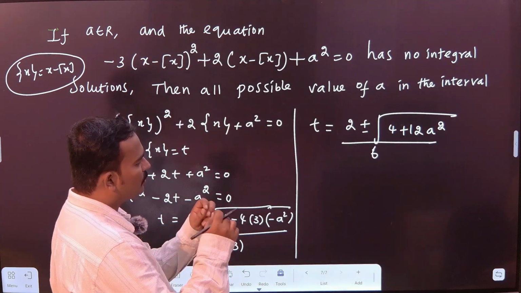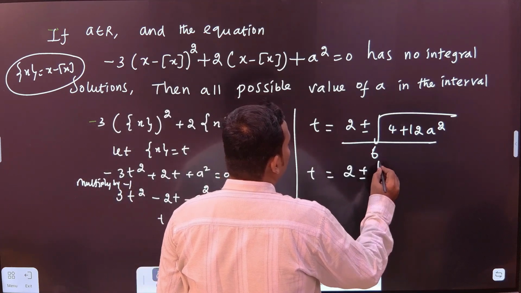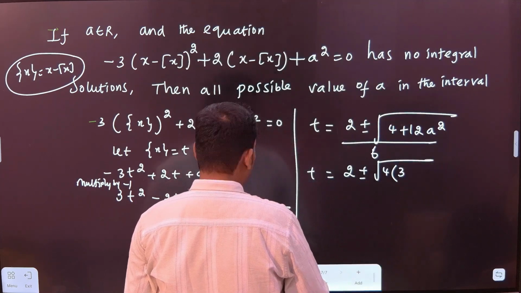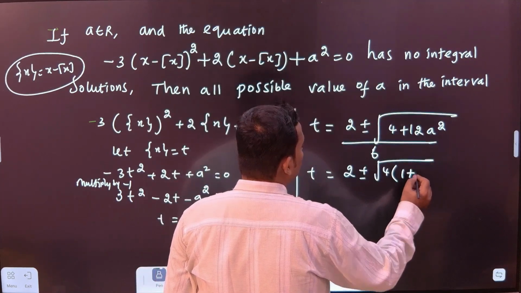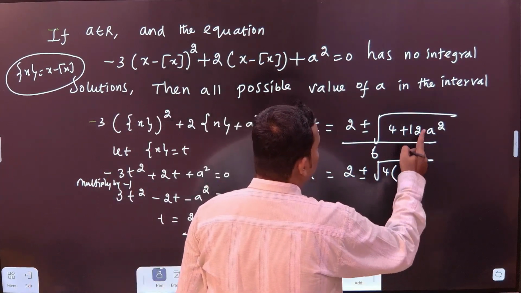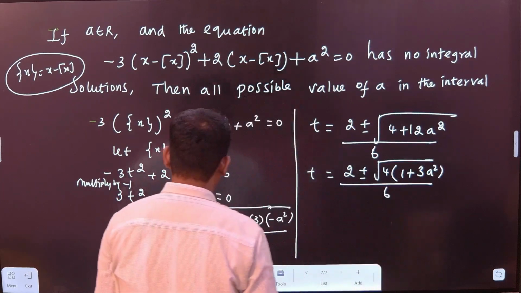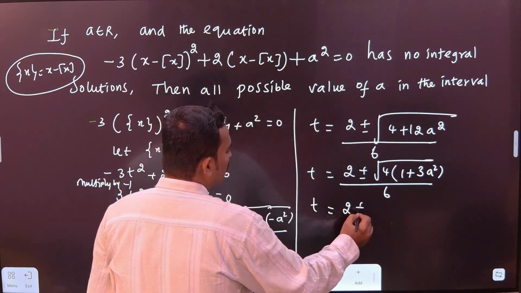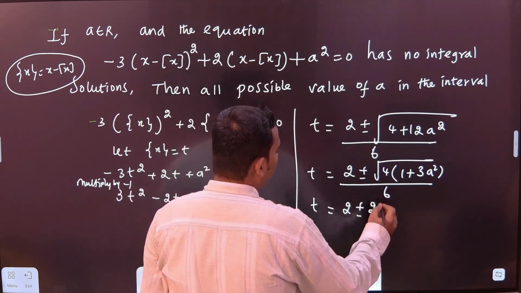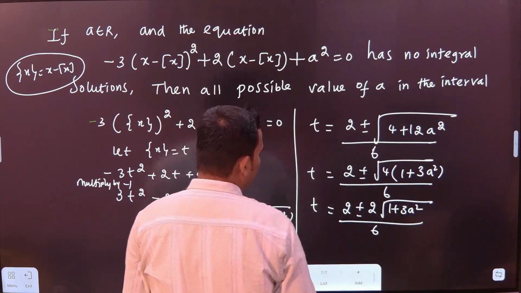Okay. So better what we can do here, 2 plus or minus square root of 4, you take 4, 1 plus 3a square, whole divided by 6, you can write. So t is equal to 2 plus or minus 2 square root of 1 plus 3a square divided by 6. Clear?